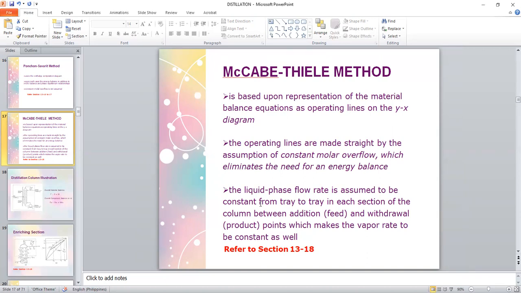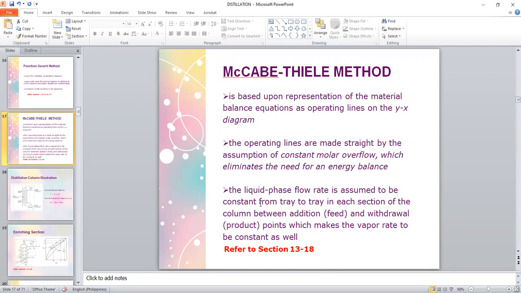If we're going to think of it, you need not be a chemical engineering student to understand. It would be near impossible to have a constant molal overflow in a particular stage or tray because there is already transfer of component from one phase to another. But in this case, we assume that the transfer as we go from tray to tray is negligible, or the difference in the amounts of the liquid phases and the vapor phases that enter and leave a particular stage is so negligible that we assume constant molal overflow, though it's not actually constant.